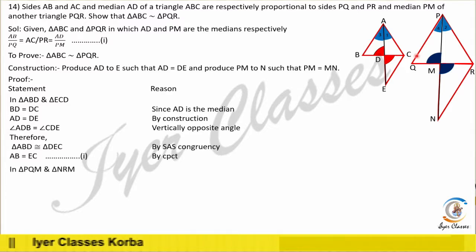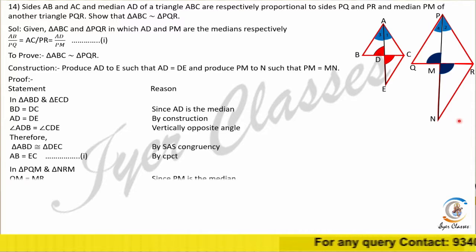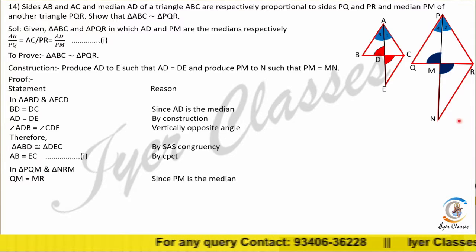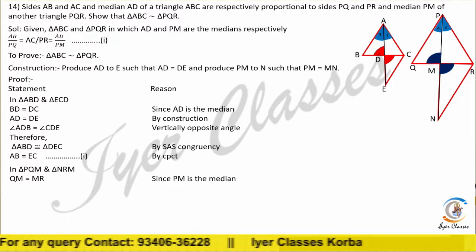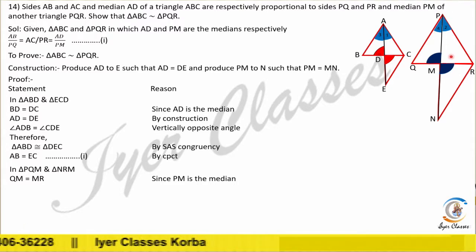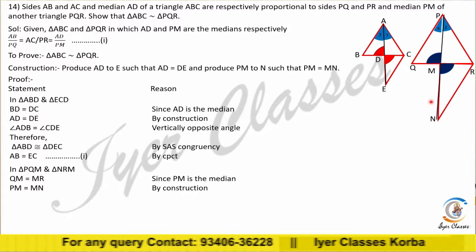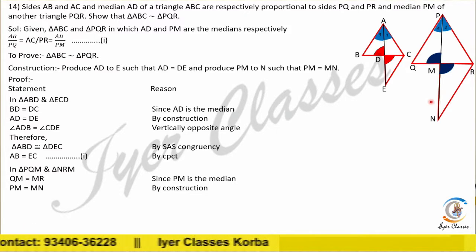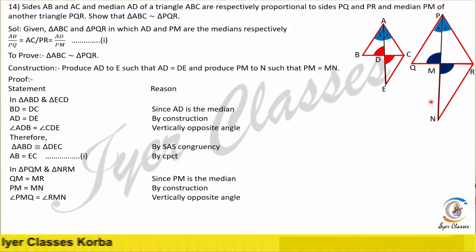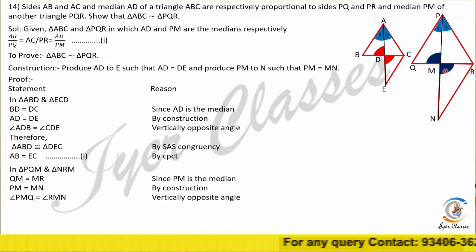Similarly, now you have to consider the triangle PQM and triangle NRM, right? For this, you already have this QM and MR equal to each other because we have got this PM as the median, right? Okay, now what about this PM and MN? They are also equal by construction. You have drawn it, and also you have got the angle PMQ equal to angle RMN, being vertically opposite angles.